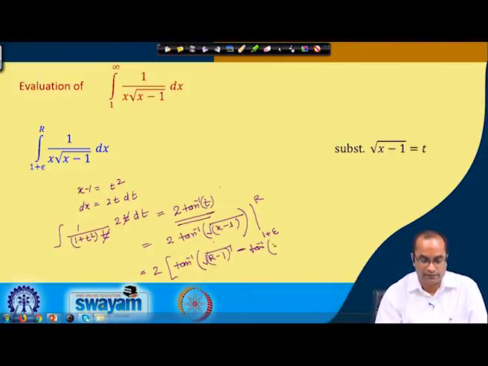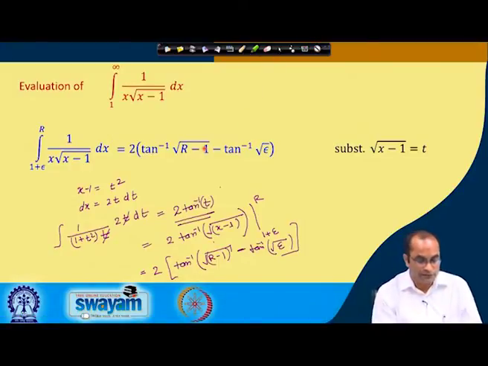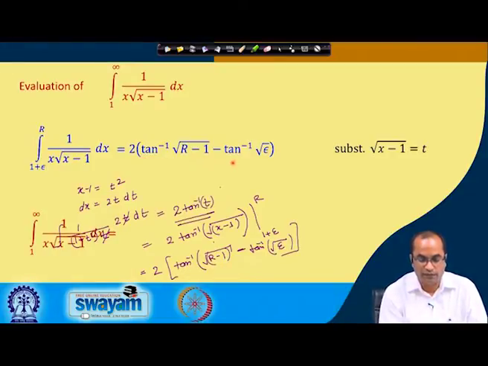So 1 gets cancelled and we get the square root of epsilon. So this is the value of the given integral: 2 times tan inverse of the square root of r minus 1, minus tan inverse of the square root of epsilon.